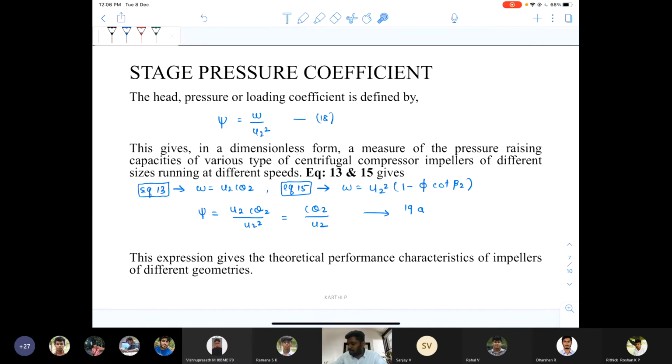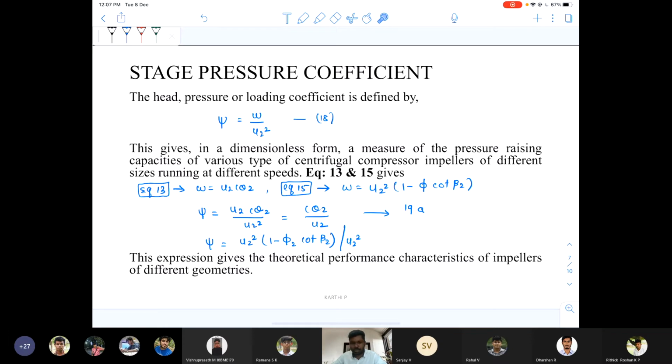And again, if you substitute equation number 15 in equation number 18, you will be getting the pressure coefficient as U2 square into 1 minus flow coefficient at the exit into cot beta 2 divided by U2 square. On simplification, you will be getting 1 minus flow coefficient at the exit into cot beta 2.